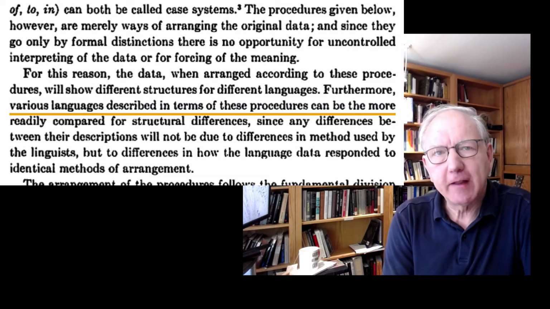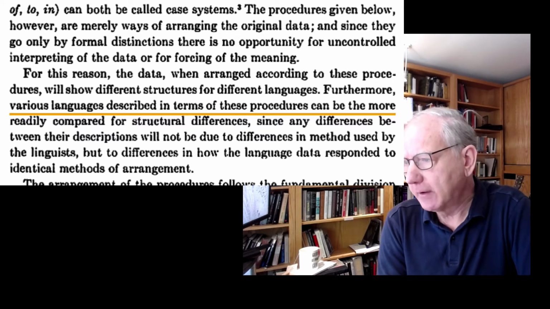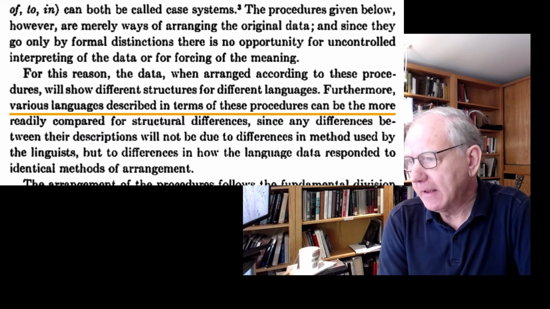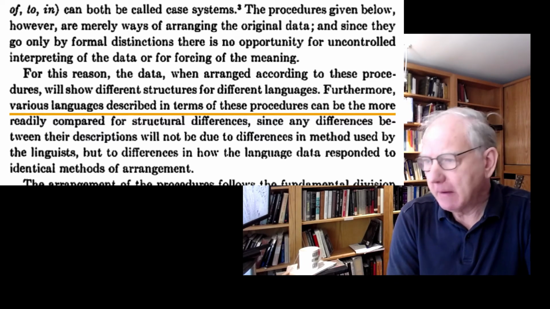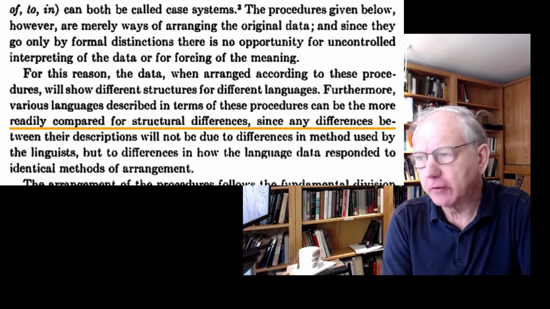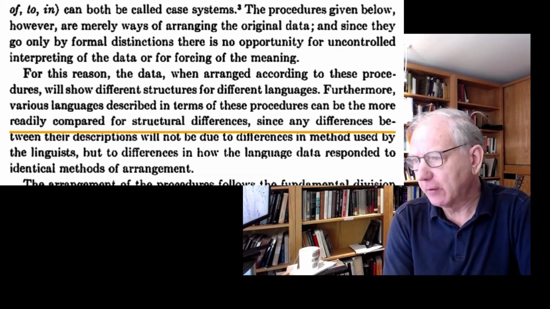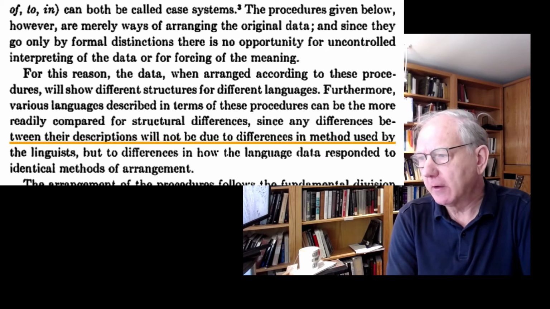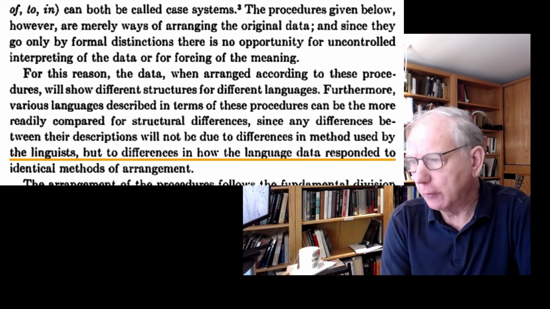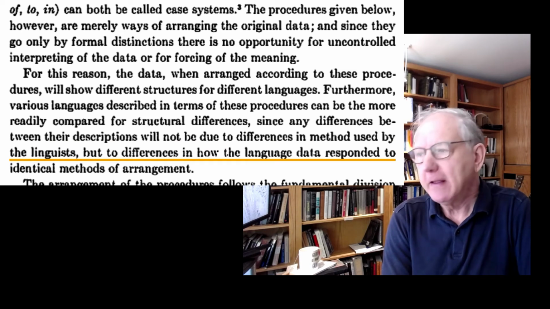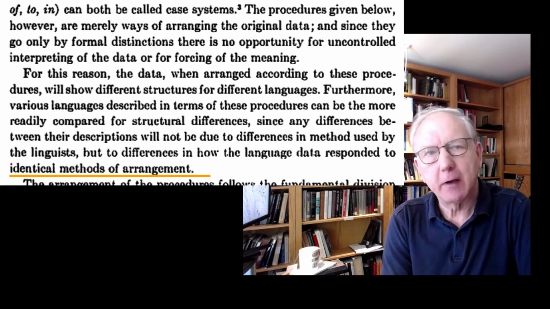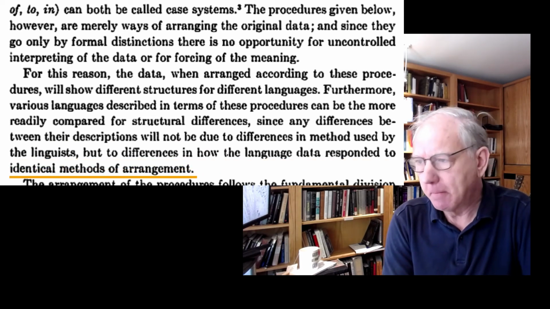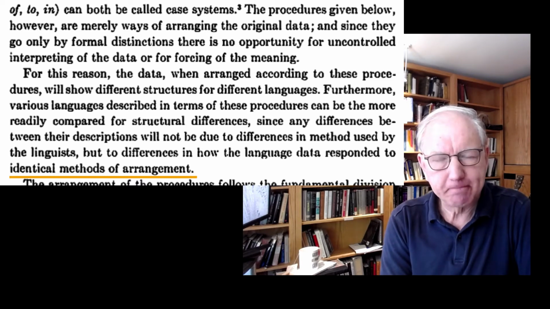Furthermore, various languages described in terms of these procedures can be the more readily compared for structural differences, since any difference between their descriptions will not be due to differences in method used by the linguist, but to differences in how the language data responded to identical methods of arrangement.